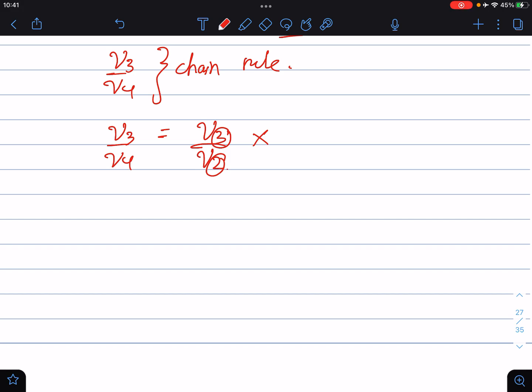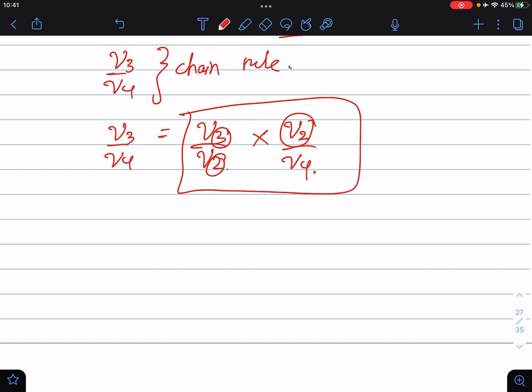This is just a mathematical modification to relate 2, 3 and 4, so you get back V3 over V2 times V2 over V4.